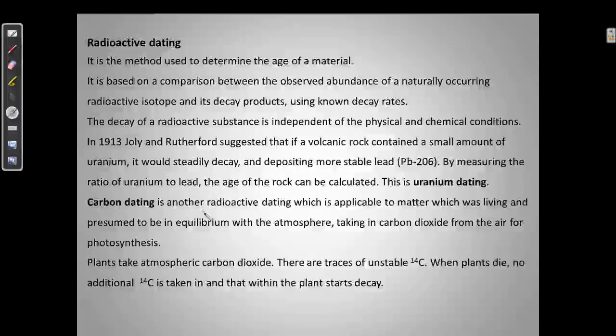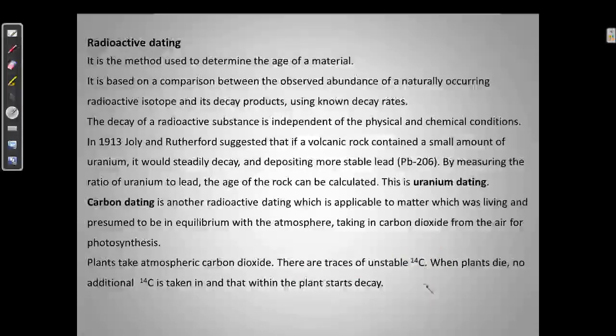Carbon dating is another radioactive dating, applicable to matter which was living and assumed to be in equilibrium with the atmosphere. How are we able to measure the age of such materials using carbon dating? You know that plants take in atmospheric carbon dioxide. In atmospheric carbon dioxide there are traces of C14.